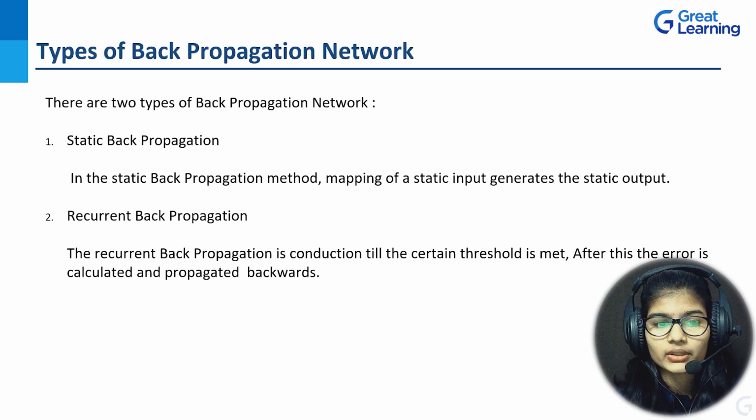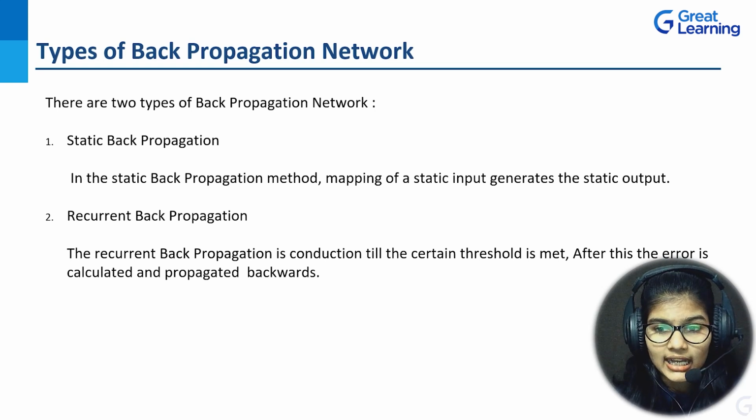Next, if I talk about the recurrent back propagation, so what happens? In this, the recurrent back propagation is conducted till a certain threshold is met. It basically works till the point a certain threshold is met.